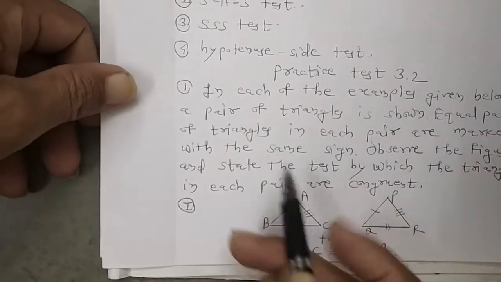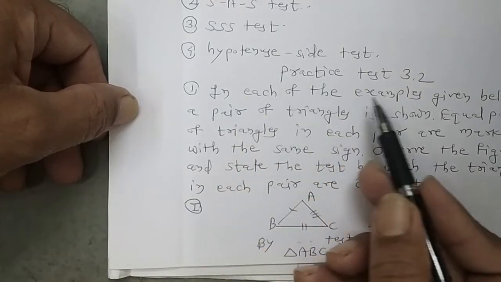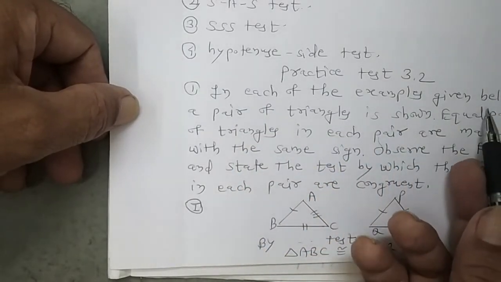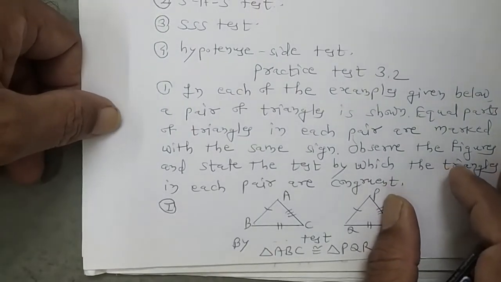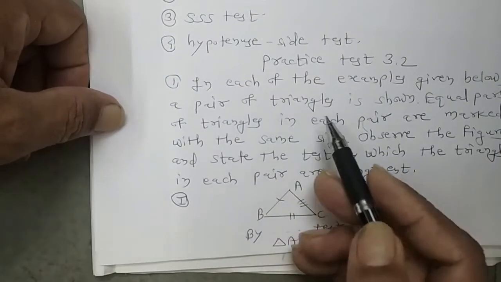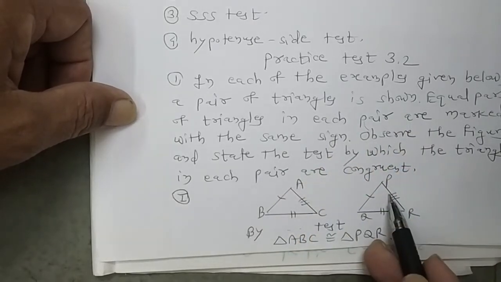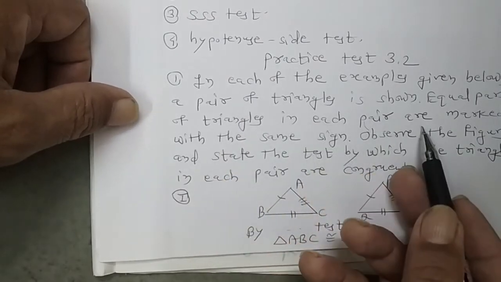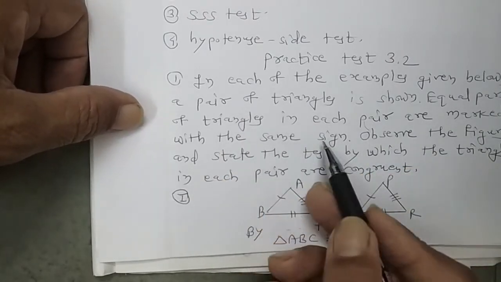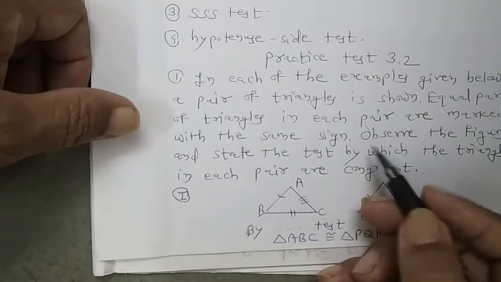The first example is: in each of the examples given below, a pair of triangles is shown. Equal parts of triangles in each pair are marked with the same sign.